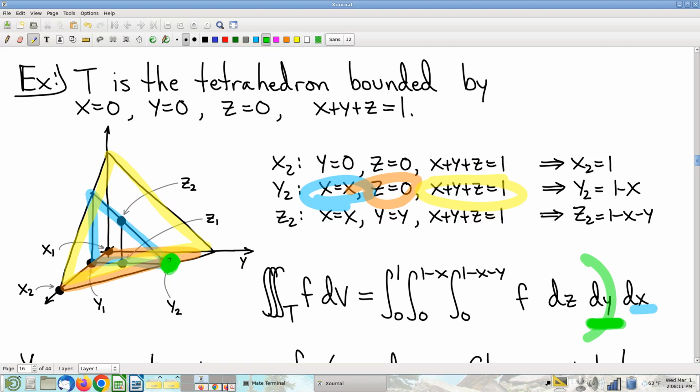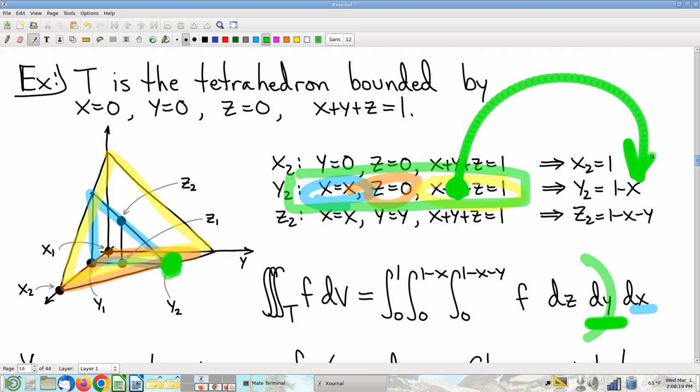I'm trying to understand this point so that I can find my upper bound for y. So in this trio of equations, I need to solve for y. And you get 1 minus x, which then is my upper y bound. What do you think? Is everybody happy?